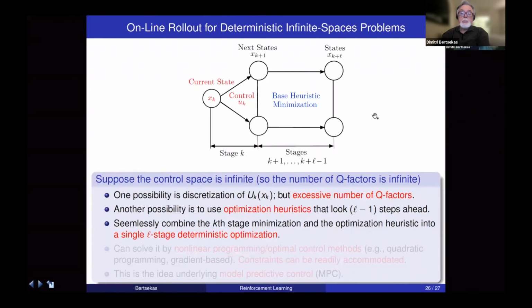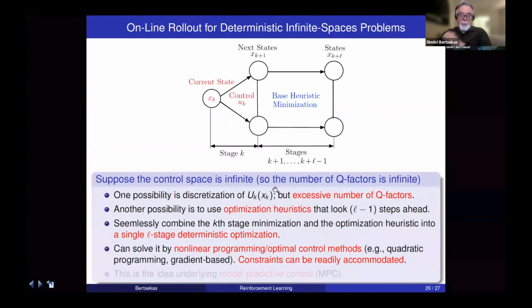So a form of rollout involving a minimization heuristic is to look forward L steps and do a continuous space optimization over control sequences within this horizon. And we combine the kth minimization and the optimization heuristic into a single deterministic optimization.